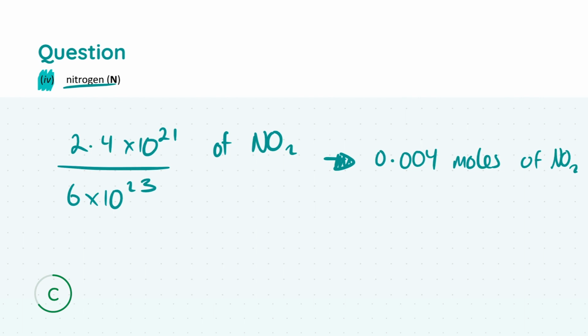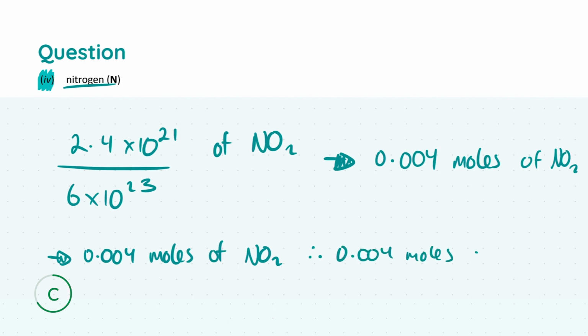And that NO2 is important because we're looking for nitrogen in this question. Very similar to how we did it before, if we have 0.004 moles of NO2, then therefore we're going to have 0.004 moles of just plain old N in this case. And that's exactly what we need for this question.